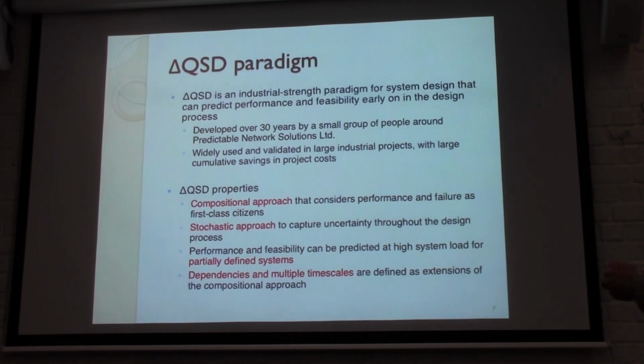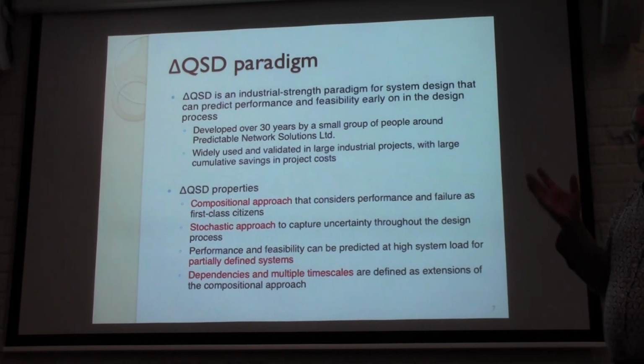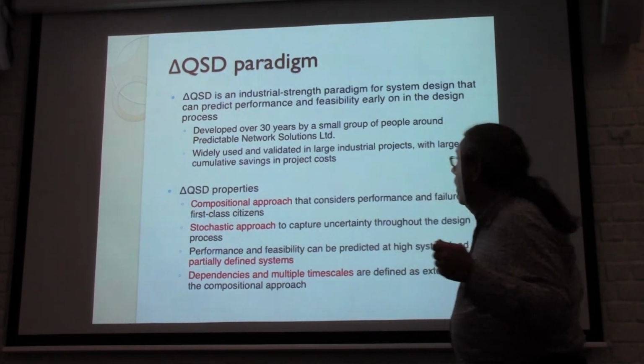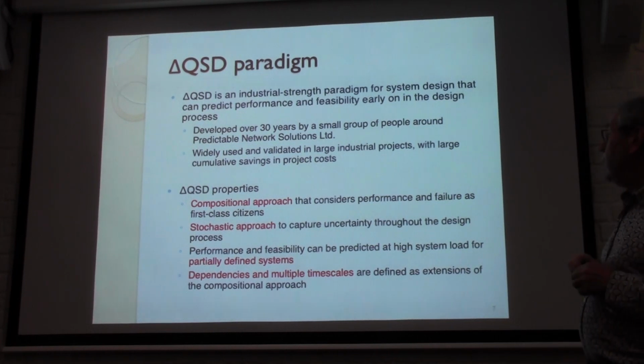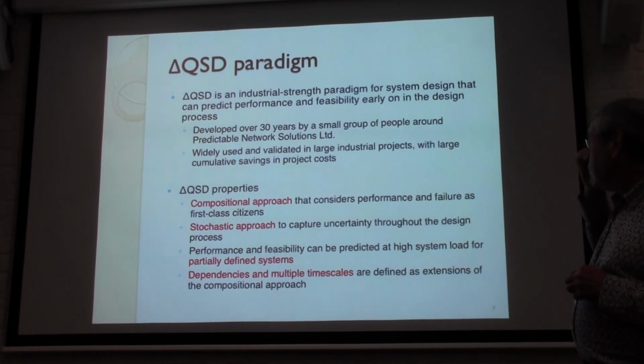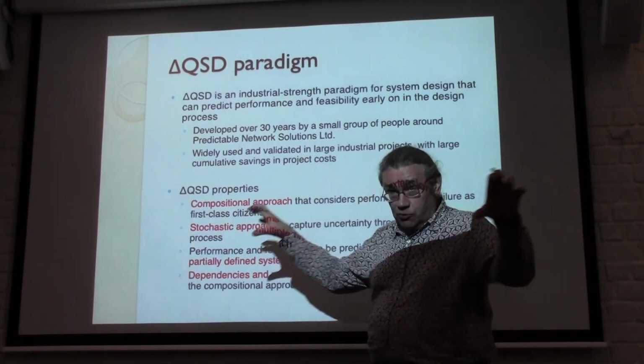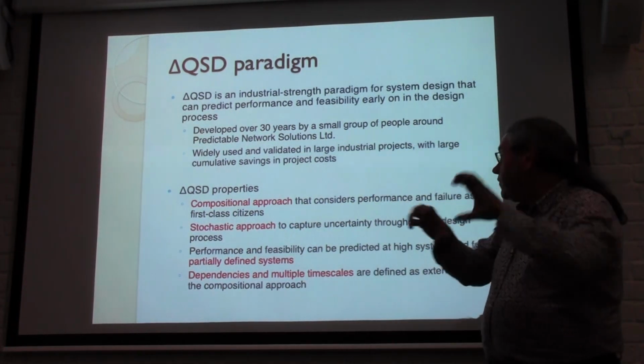And so ΔQSD is developed over many years. It didn't appear very suddenly. It took 30 years. Even more because there was some work before. And there's some very nice properties that you'll see when we get into it. It's compositional, means you can bring the bricks together.